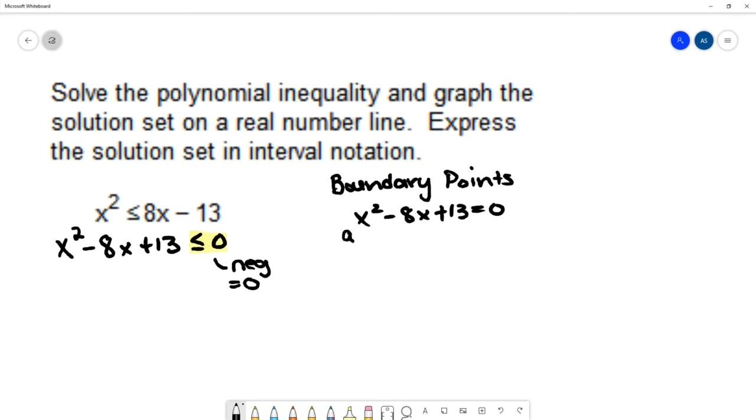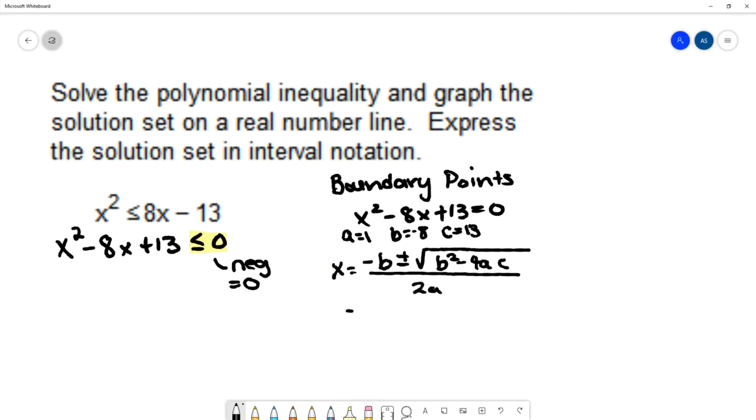So I'm going to use the quadratic formula. I need to know the coefficients. A is 1, B is negative 8, and C is 13. The quadratic formula is negative b plus or minus the square root of b squared minus 4ac all over 2a.